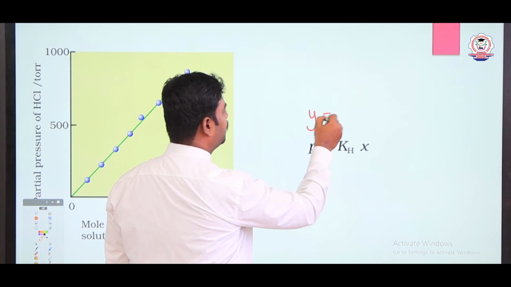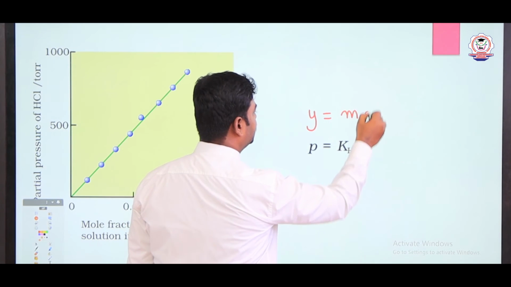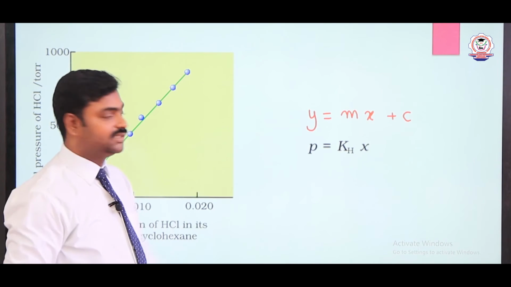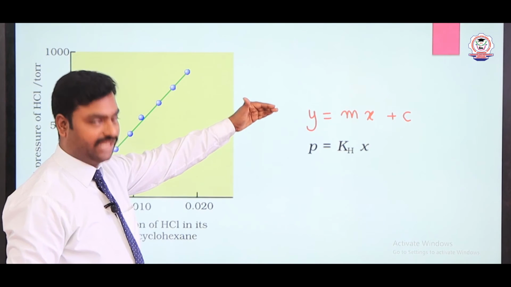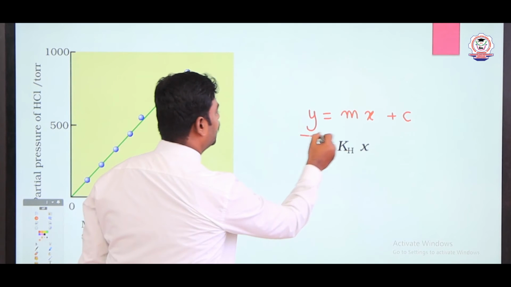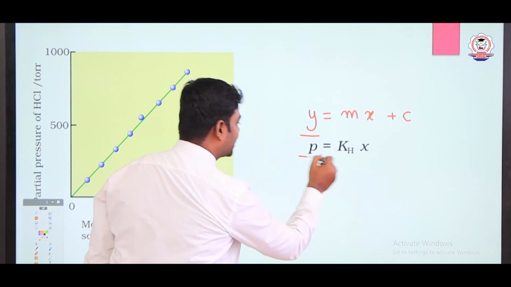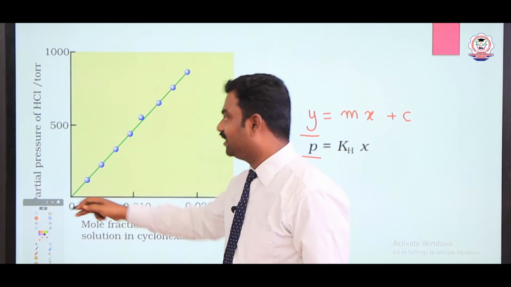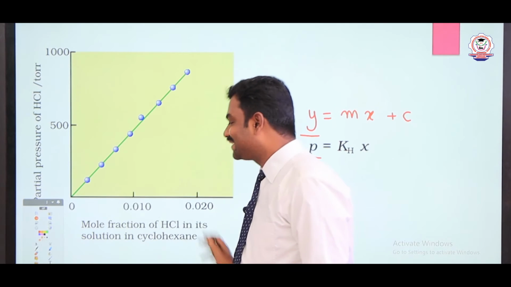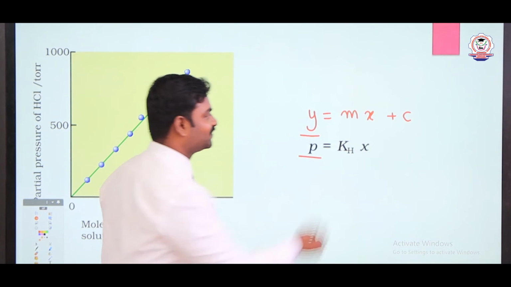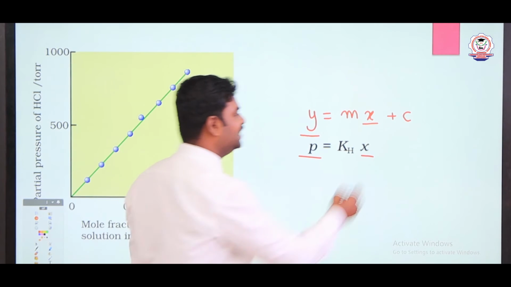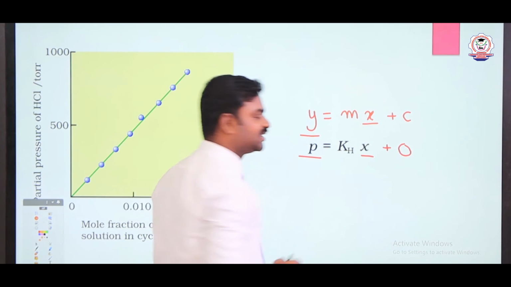If you compare these two equations, the y axis is pressure. That is why we use pressure on the y axis. What about the x axis? The x axis is mole fraction. And what about c? c is actually 0 here.